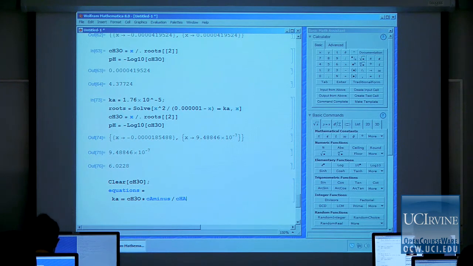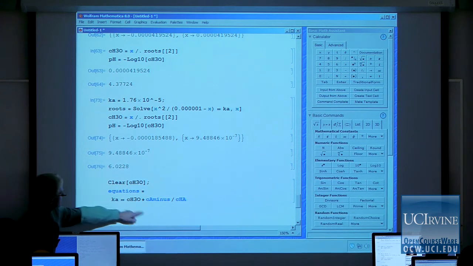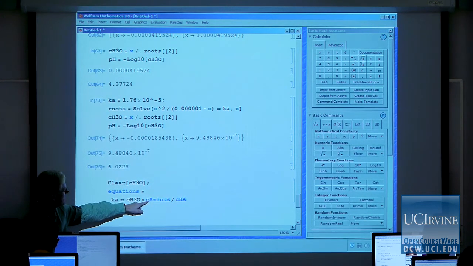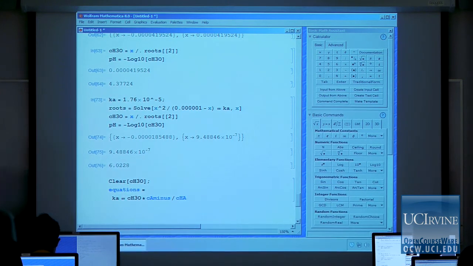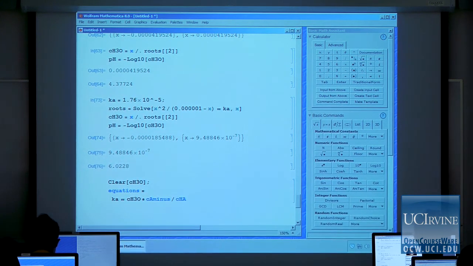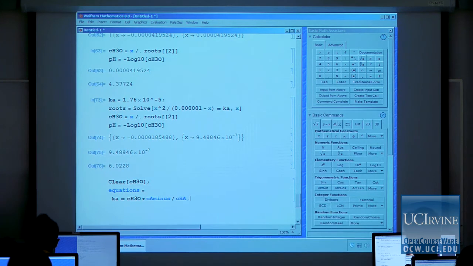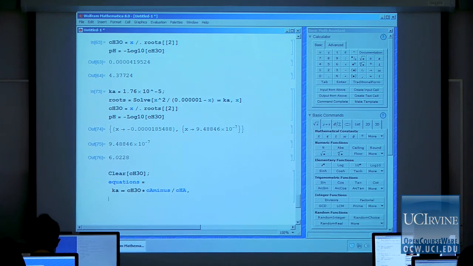All right? So this is the equilibrium concentration of H3O plus, the equilibrium concentration of the conjugate base, and the equilibrium concentration of the undissociated acid.